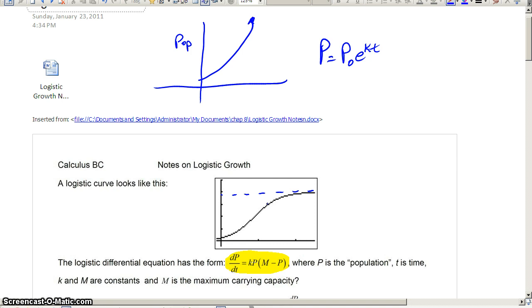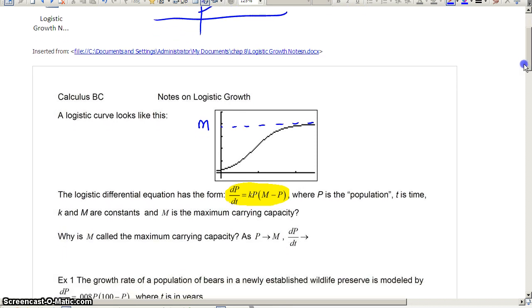Now, the logistic differential equation is highlighted here: dP/dt, the growth of population per time, is equal to some constant k times the population at a given time times M minus P. P is the population, t is the time, k and M are constants, but M is the maximum carrying capacity. M is going to be the value of y in this horizontal asymptote.